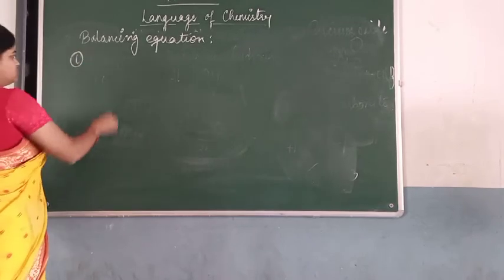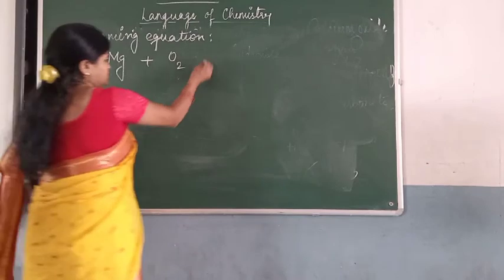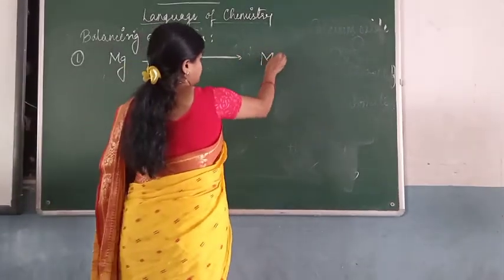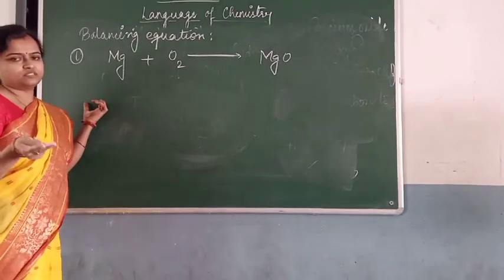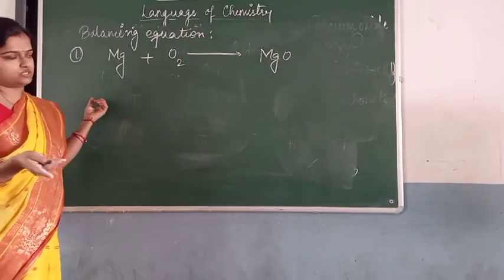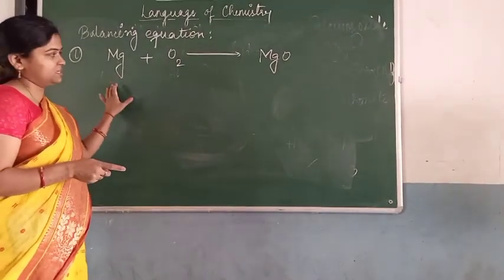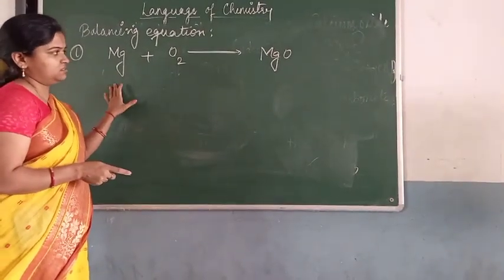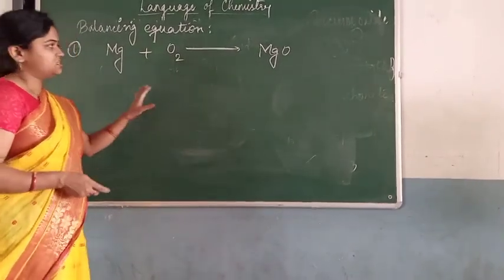Equation number 1: when magnesium reacts with oxygen, it gives magnesium oxide. Now, equations are of two types, unbalanced equation and balanced equation. An unbalanced equation is when the number of atoms of an element is not equal from the left hand side to the right hand side, or from the reactant to the product.